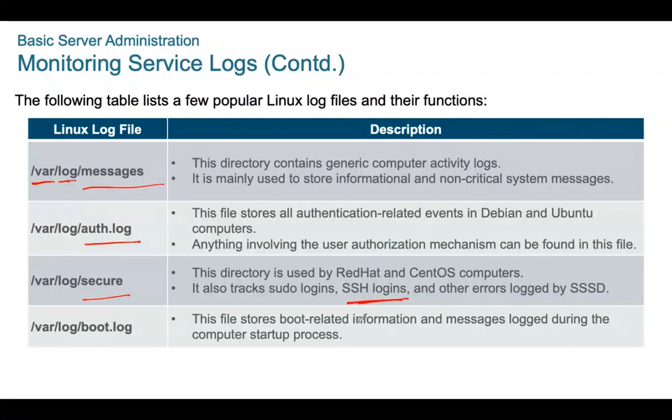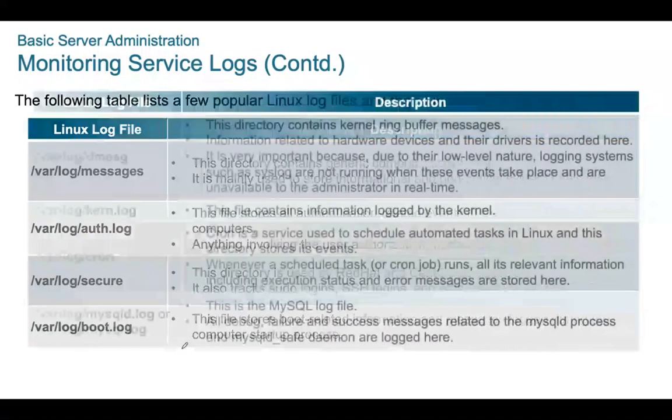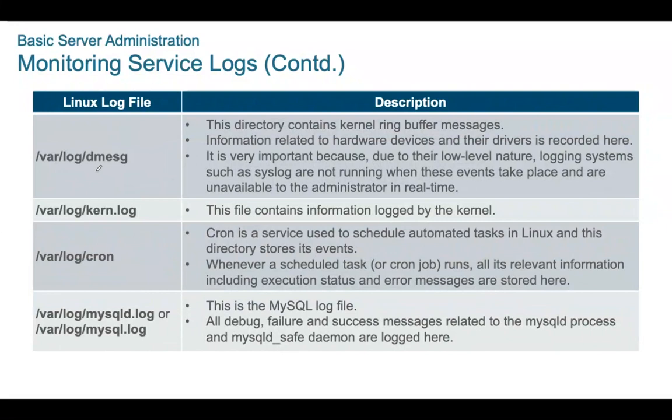In SSH login, you need to protect it. If the host IP address changes in the SSH login, then an attacker can put their own IP address as a secure connection, so they can operate remotely. Another one is the boot log, another very important service to keep. Then the dmesg logs, your kernel logs, and your cron logs.